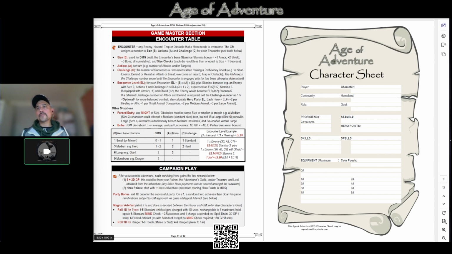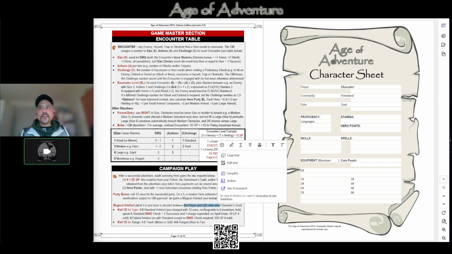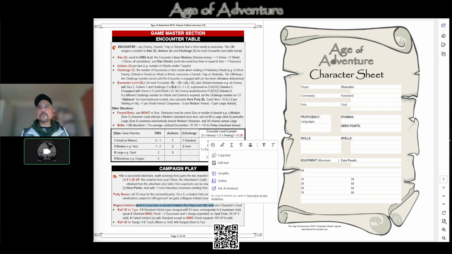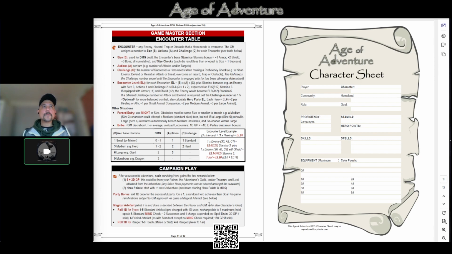So say for example, and this magical artifact can be anything your mind can determine and agreed on between the player and the GM. There are supplements in Age of Adventure for magical artifacts, some examples, but essentially you can agree on whatever. But say it is an arrow of accuracy, or they find a magical bow that can fire arrows.